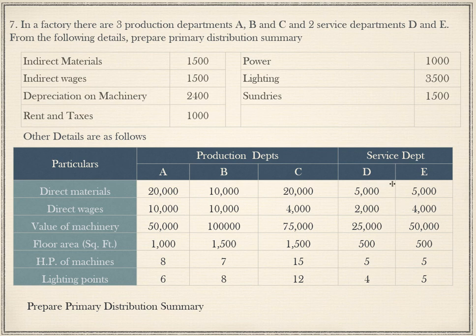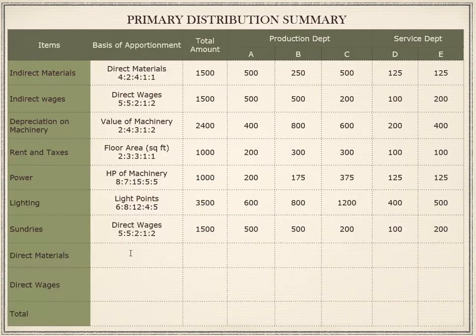So let us see. First one is direct material. The amount of direct material of only service department is 5000 and 5000. The total is 10,000. How did we get to know about this? It was already given in the problem.